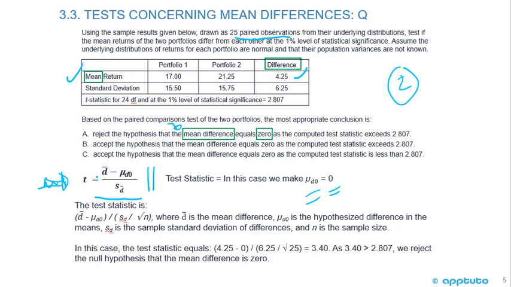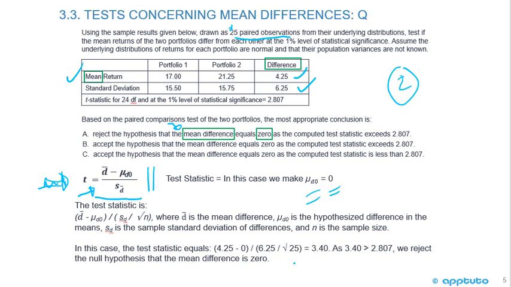That's the numerator, the difference in the means minus 0. So it's 4.25 minus 0, and then it's just going to be divided by the standard error of the estimate, which we know is the standard deviation, which they've given to us here, divided by the square root of n, and n equals 25 because there are 25 paired observations.